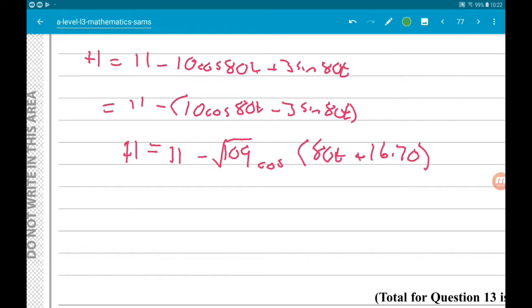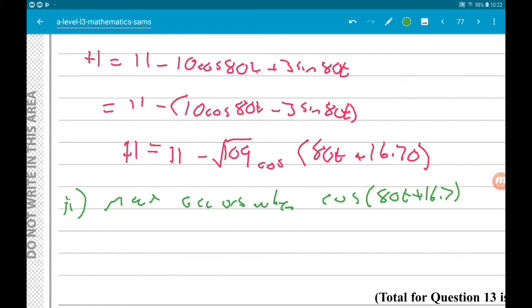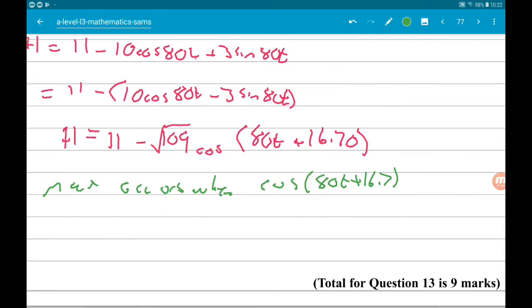So the maximum occurs when cos of 80t add 16.7 is equal to minus 1.